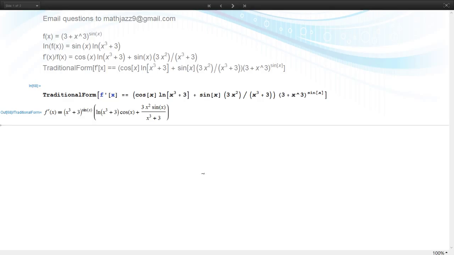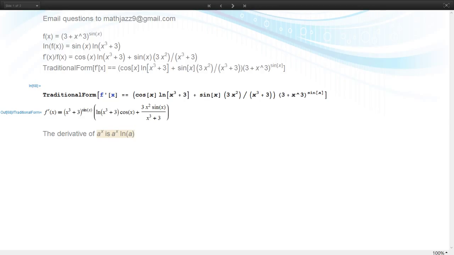Okay, so the derivative of, this is a question on chat, a raised to the x is a raised to the x times the natural log of a.